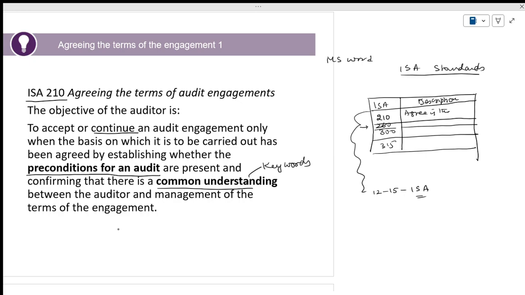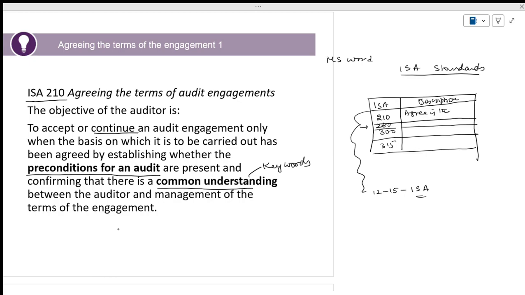If your understanding says this is the keyword, make it bold. One or two maximum in each paragraph of 4 or 5 sentences. Automatically that gives the message that these students know how to present things in the examination.